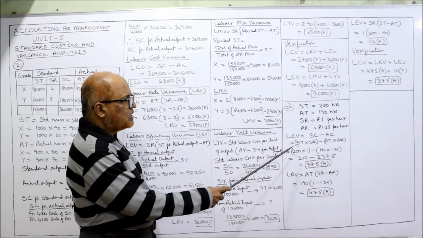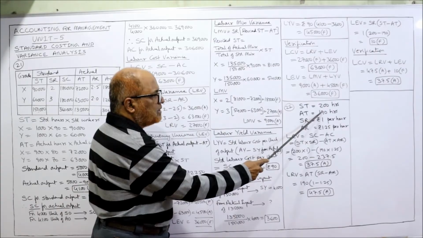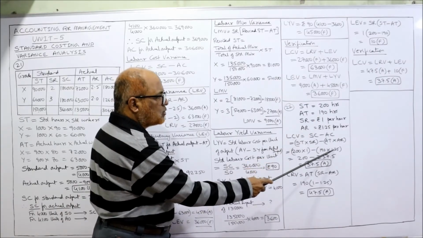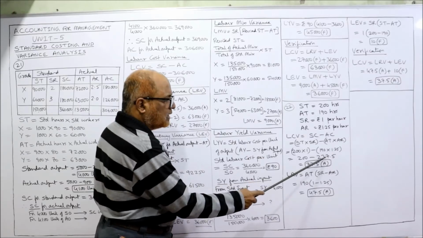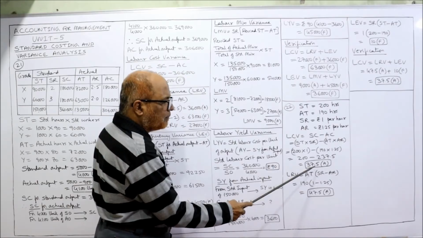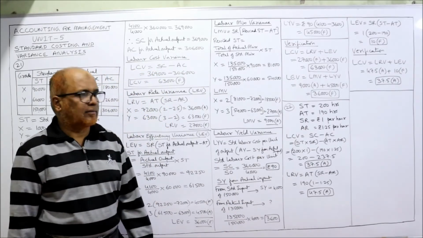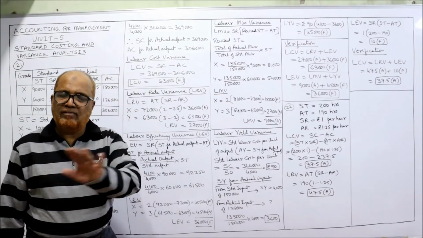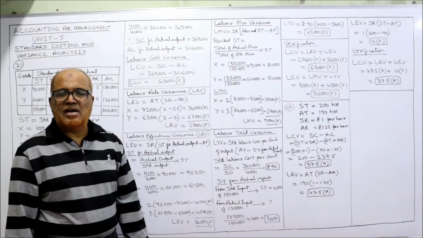So 200 into 1, 200; 190 into 1.25, 237.5. So 200 minus 237.5, 37.5 adverse. Negative you are getting, so adverse. LCV completed.